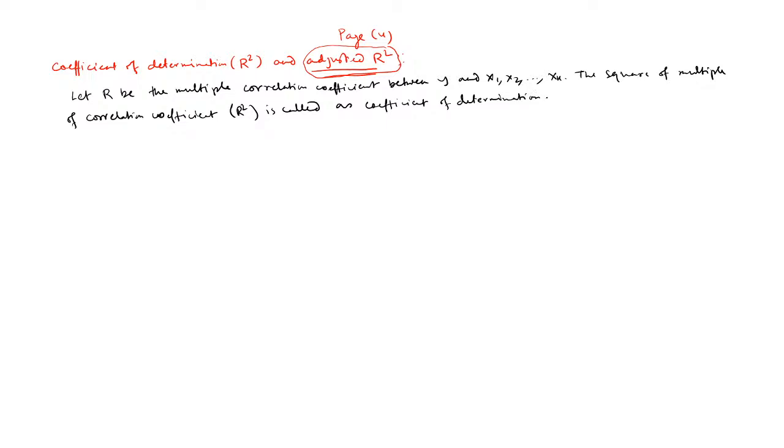The value of R square commonly describes how well the sample regression line fits the observed data.